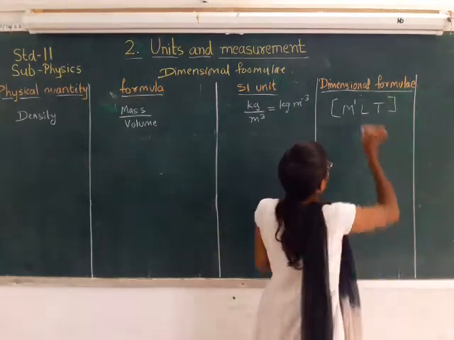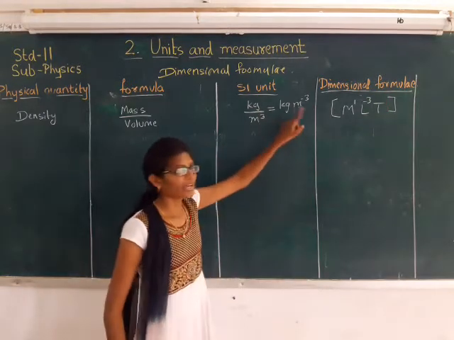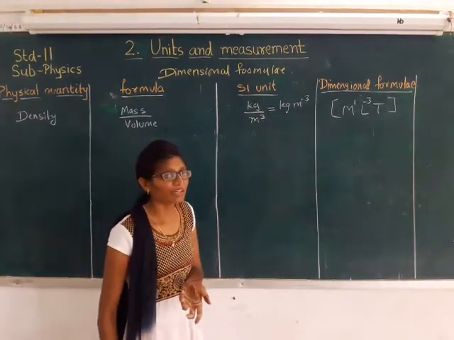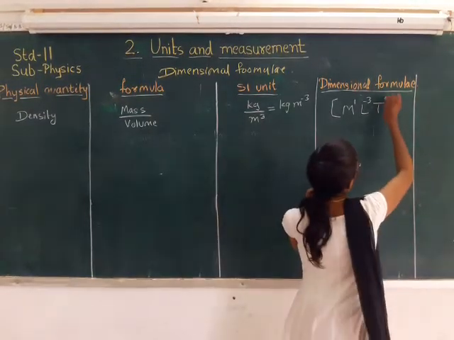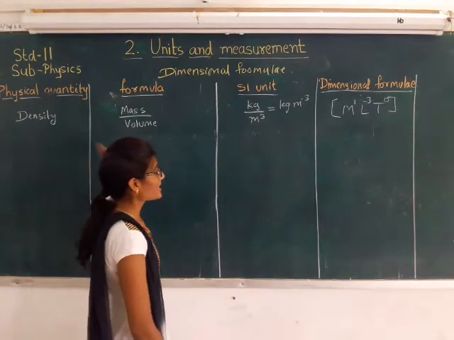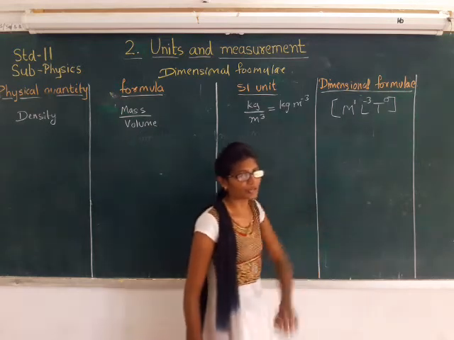So over length, that is L, we can write minus 3. We are not having any unit for the time, right? We are not using the fundamental physical quantity time, and so its dimension is 0. So the density's dimensional formula is M1 L minus 3 T 0.